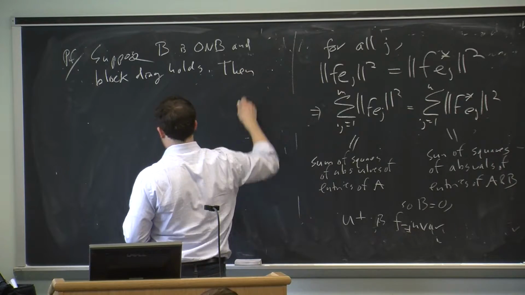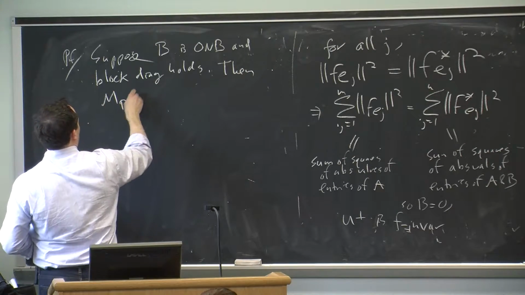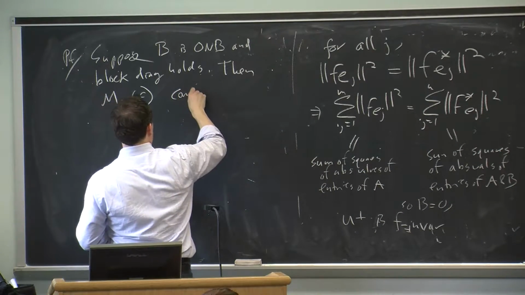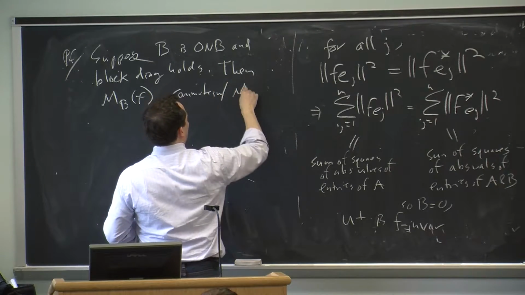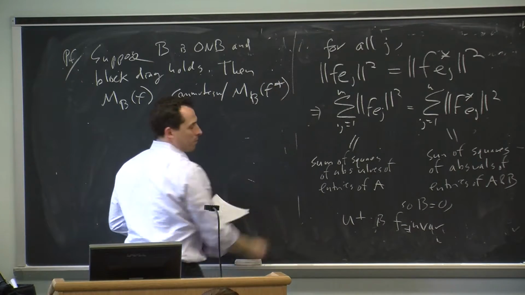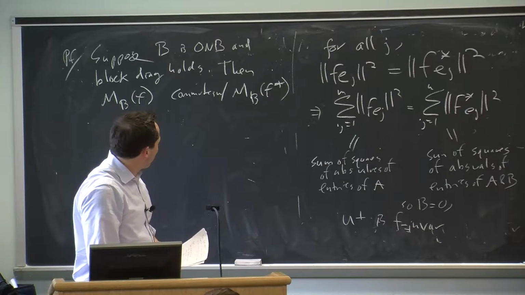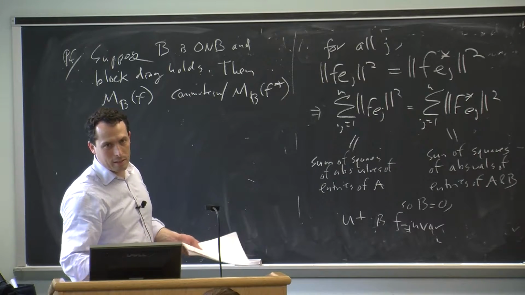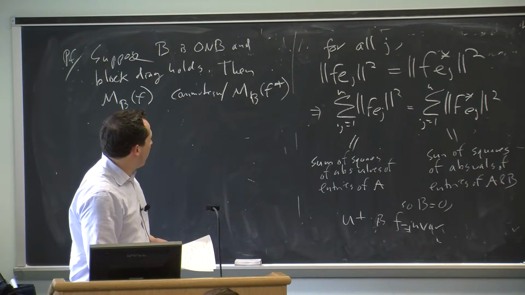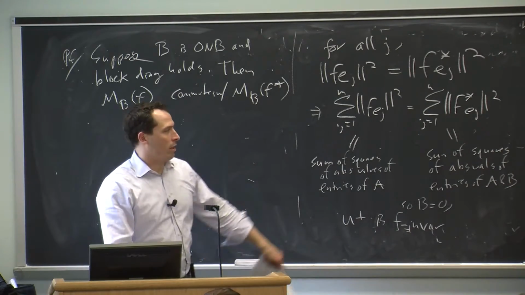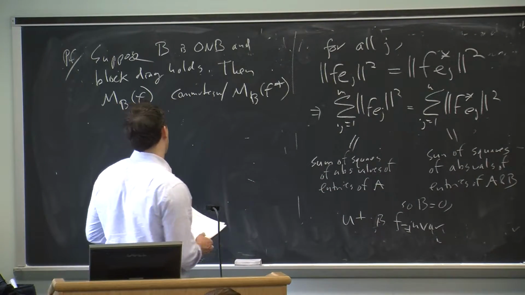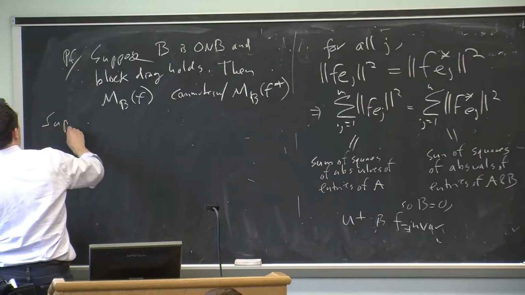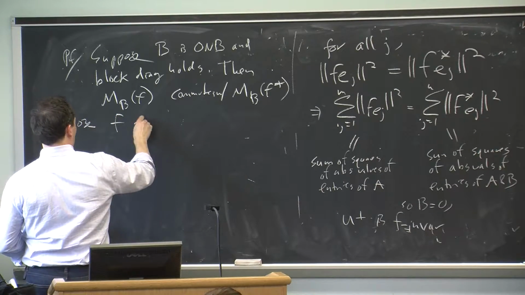Then a quick consequence of that is that the matrix in this basis of F commutes with the matrix in this basis of F adjoint. Why is that? Well, diagonal matrices commute. Multiplying two block diagonal matrices means I just multiply all the blocks, then stack the result back into a block diagonal. And these 2 by 2 things commute, as we showed in the two-dimensional lemma. That's the easy direction.